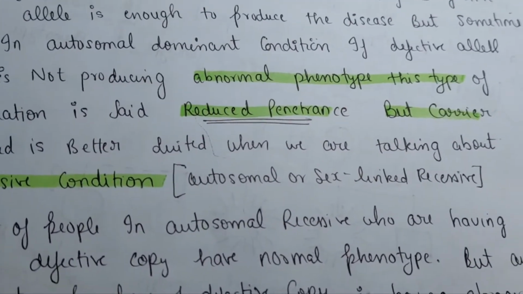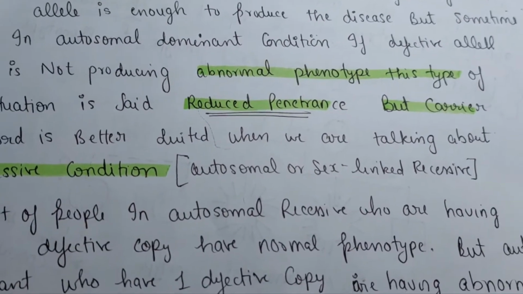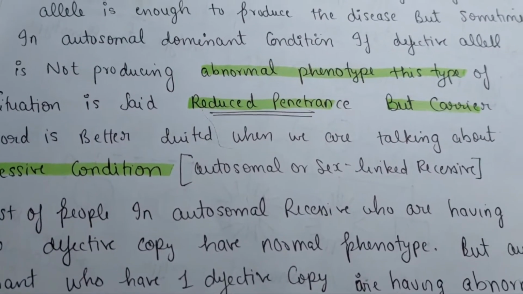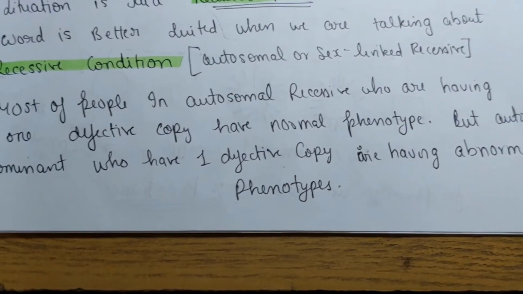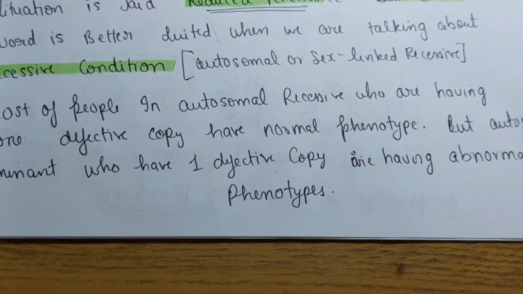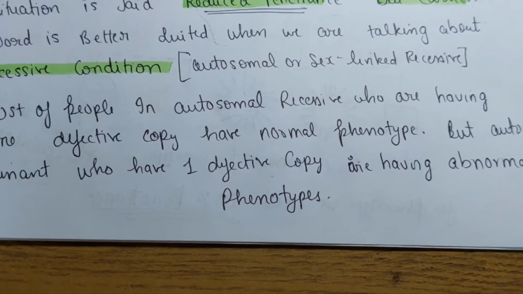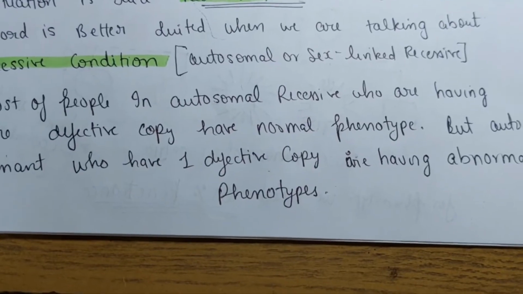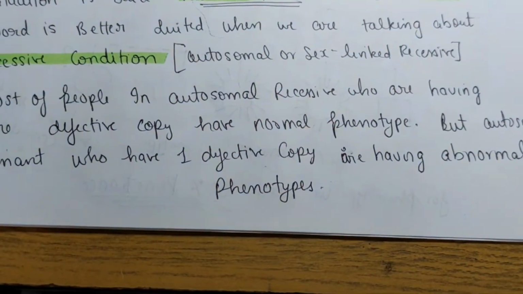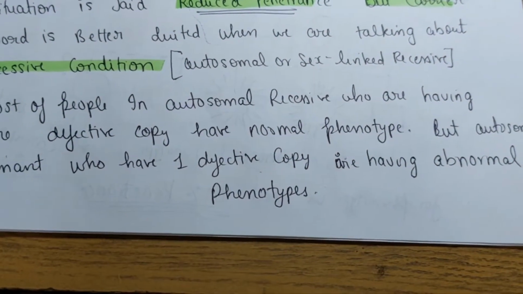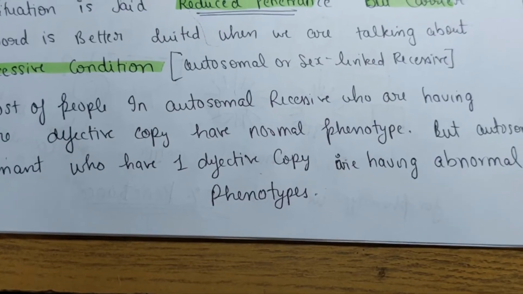But the word carrier is used when we are talking about autosomal recessive conditions or even sex linked recessive conditions. Usually, people in autosomal recessive cases who have just one defective copy have a normal phenotype, but people with one defective gene of an autosomal dominant disease usually have the abnormal phenotype.